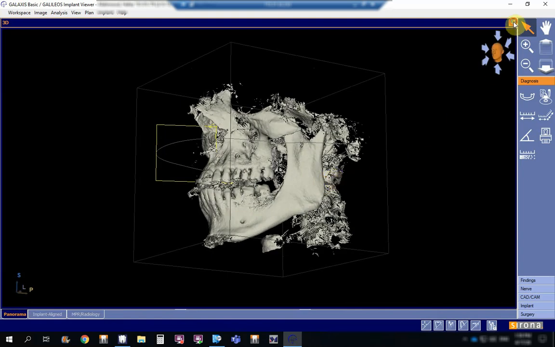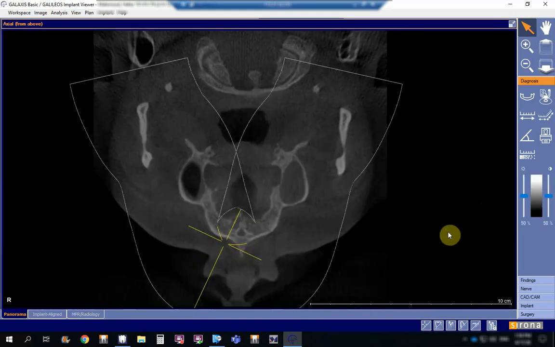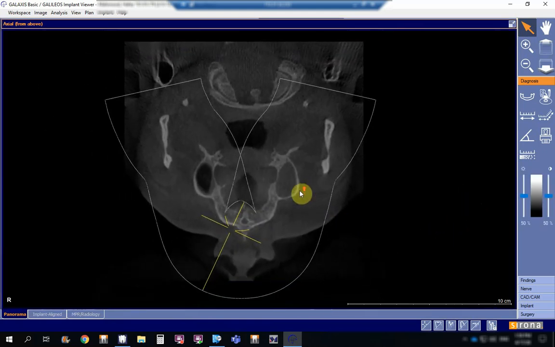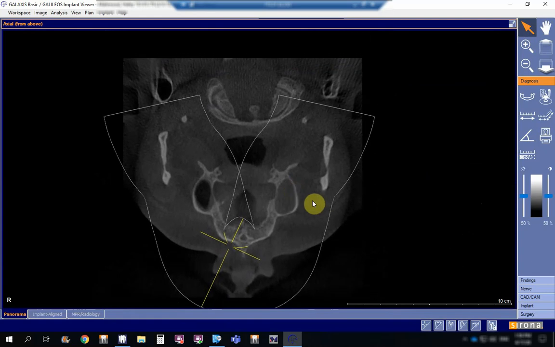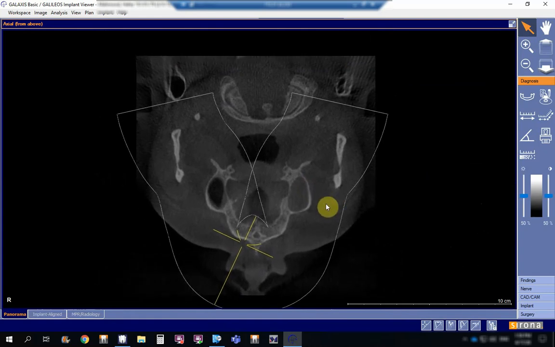Okay, let's go back to the axial view for this patient. I will just maximize it so that we will have an idea, and I will try to put it here so that we will have the maximum coverage over here.